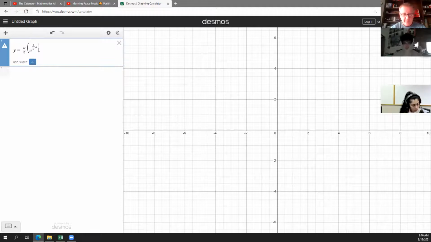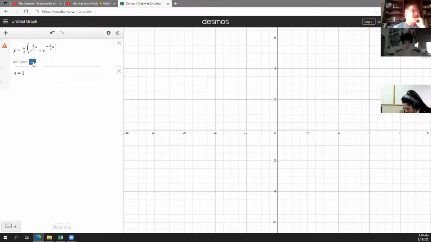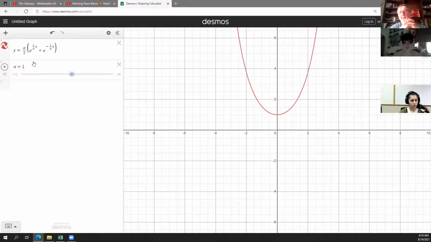So I throw in a plus sign, repeat myself, except now I throw a negative in front of that. And what I want you to stare at here is that A constant. What does that have to do with the graph? Bam, there it turns out is the equation.